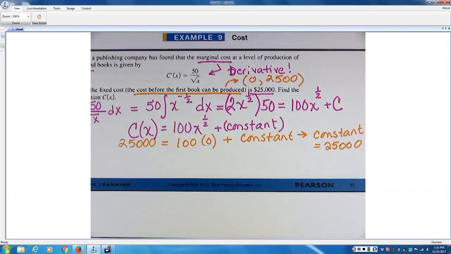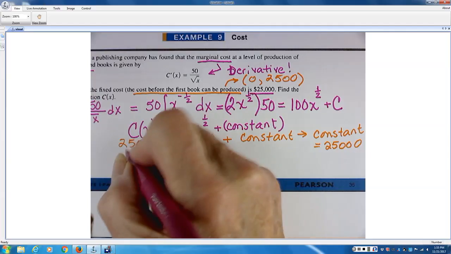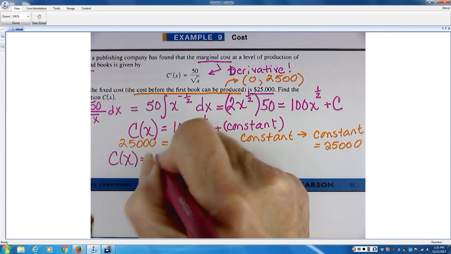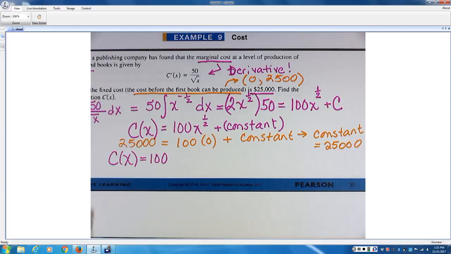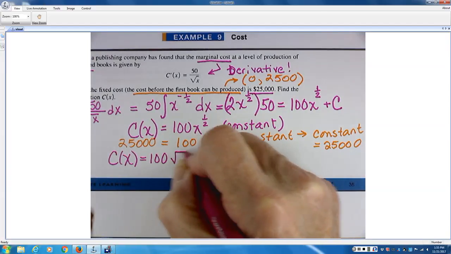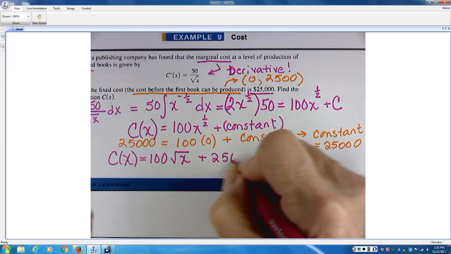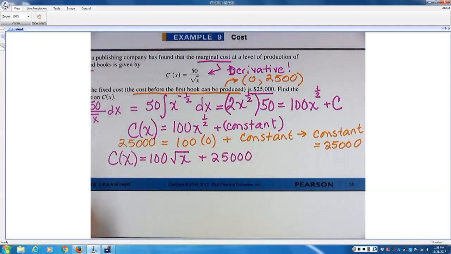That means your constant is actually $25,000. And that means then that your cost function, C of X, is equal to 100 times X to the 1/2 or the square root of X, whichever way you want to put it, plus 25,000, and that's dollars.